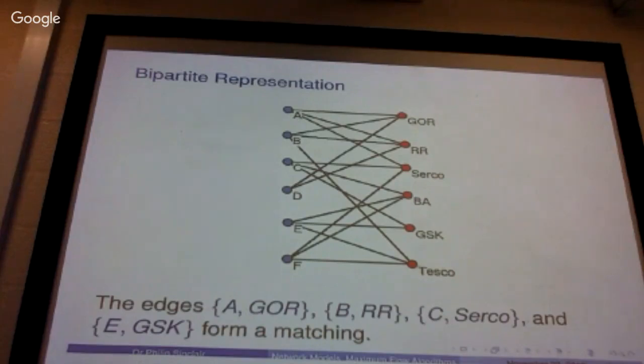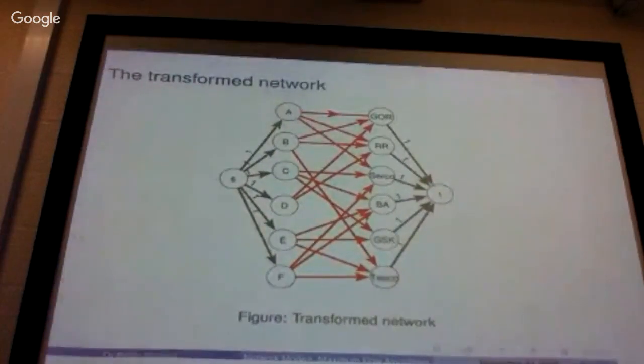Is that an easy question or a hard one? You could probably do it by hand on small examples. But there are several methods that you can use. The method that you learned with Philip was that you can add some S and T and solve the maximum flow problem. Does anybody still remember that?